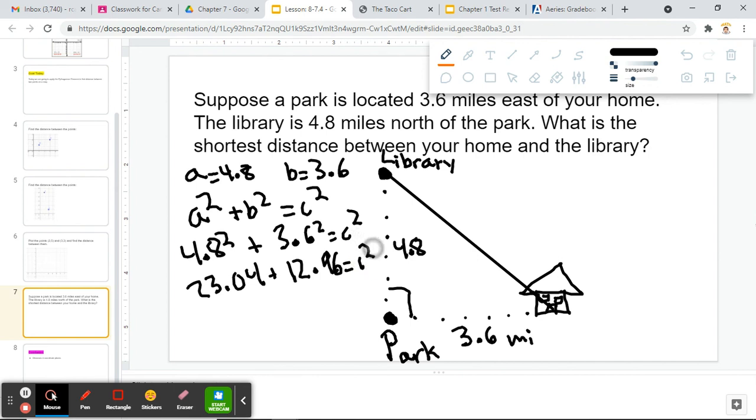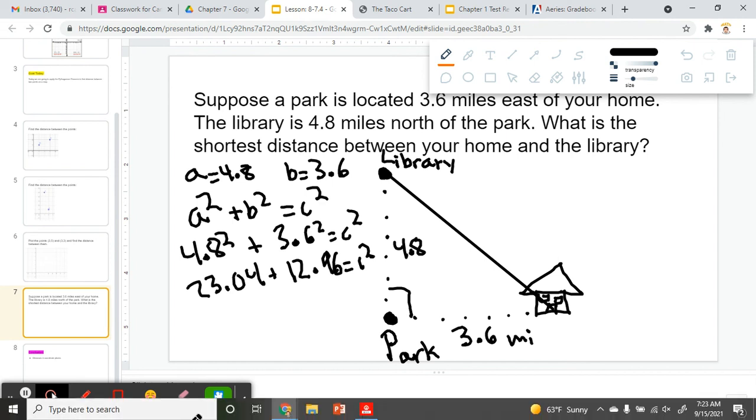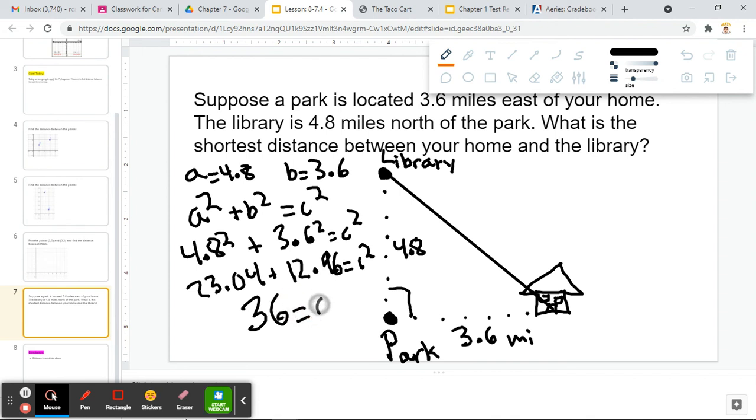Still equal to C squared. So we got to add these two together here. And we are going to get 36 is equal to C squared. Now, if we take the square root of both sides here, then we're going to get C is equal to 6.